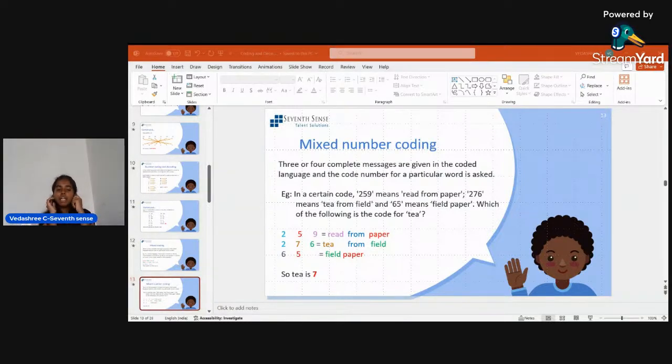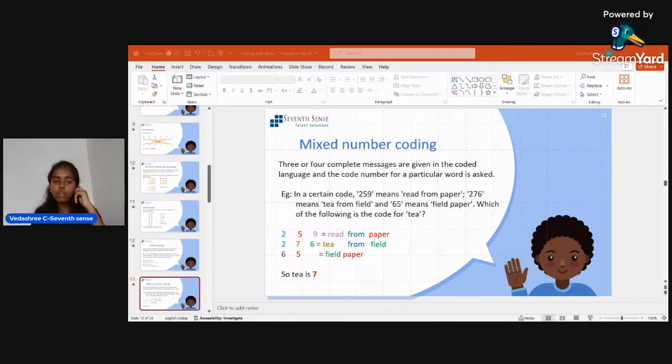So next, similar to this, we have mixed number coding. Mixed number coding is nothing but a number being assigned for each word here. Number has been assigned, not letter, word. If we consider this example: in a certain code, 259 means read from paper and 276 means tea from field.